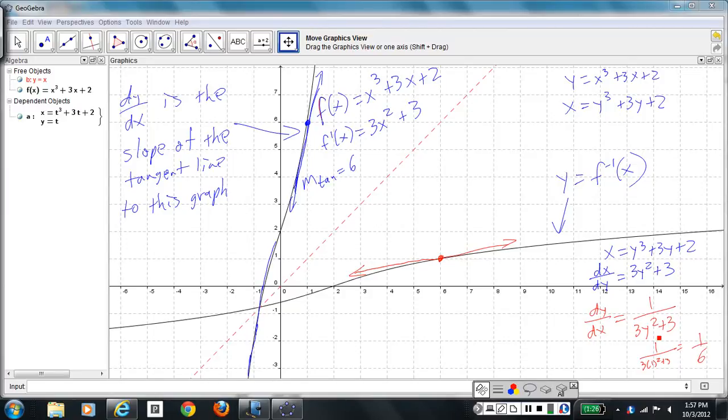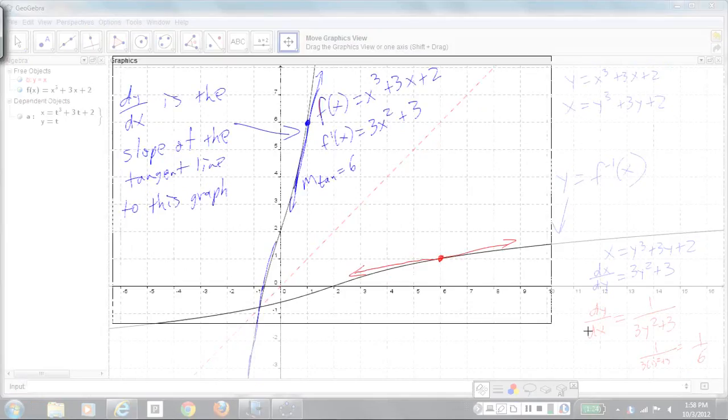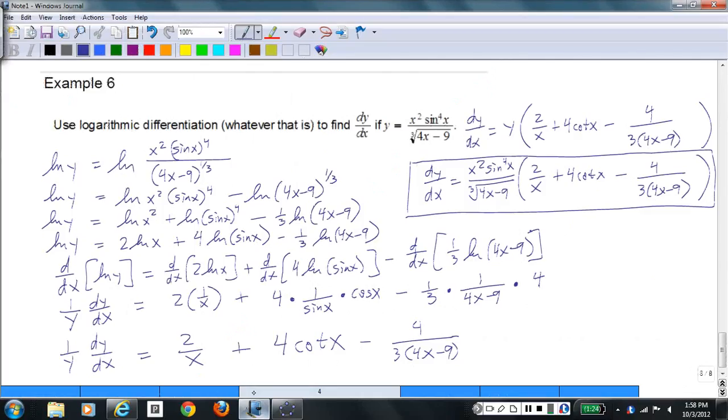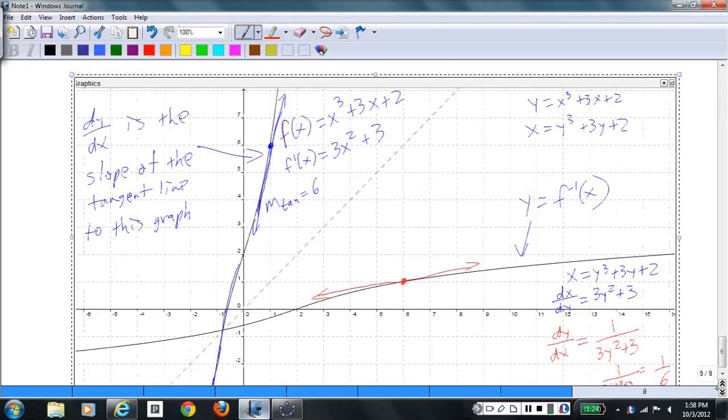And these are reciprocals of each other. You can get that from the symmetry. You reflect about the line y equals x, so I hope it makes sense that the tangent line here and the tangent line here would have slopes that are reciprocals of each other. So we have the relationship dy/dx equals 1 over dx/dy. It's a little different approach than what the calculus approach would have been, but that's, I think, the most useful take I have on that particular topic.